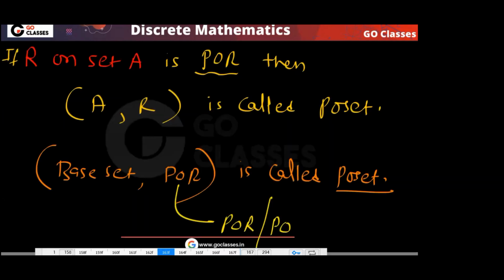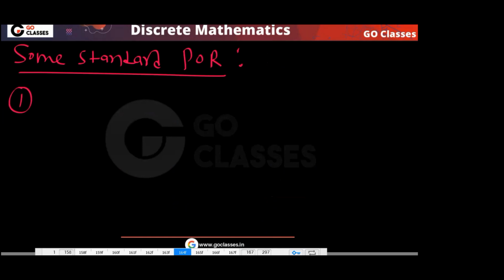Now let's see some standard partial order relations. These are very standard, so you should understand them. The first is the less than or equal to relation.